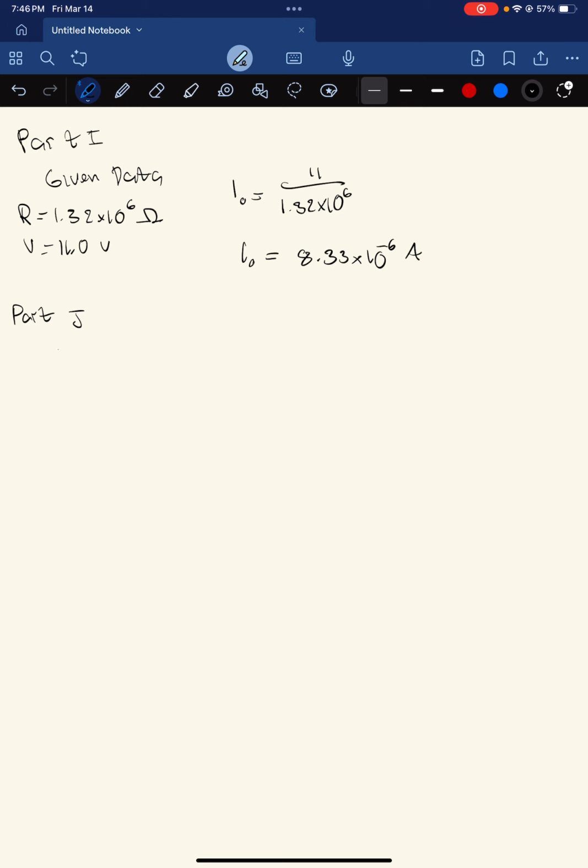Alright. So first of all, we have to calculate the time constant. 1.32 10 times 6 multiplied by the capacitance 8.00 10 times -6. And let me just get out the calculator.